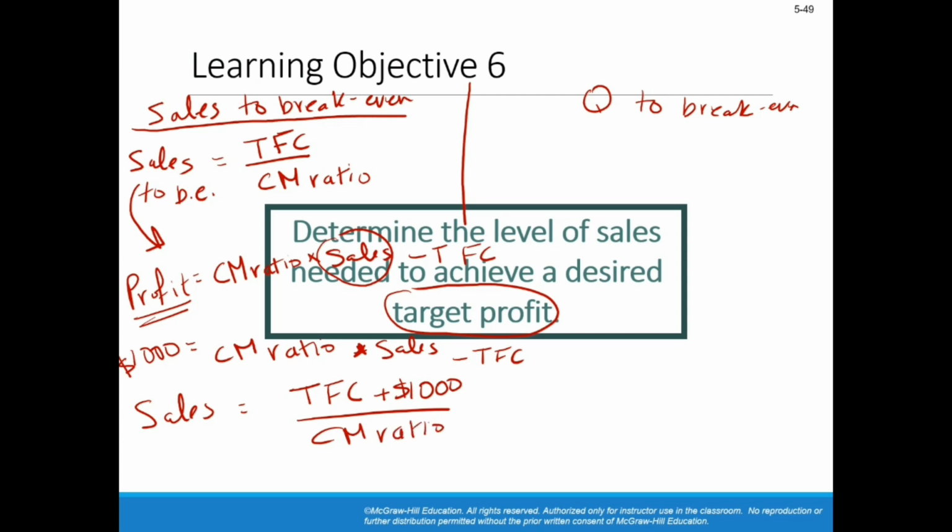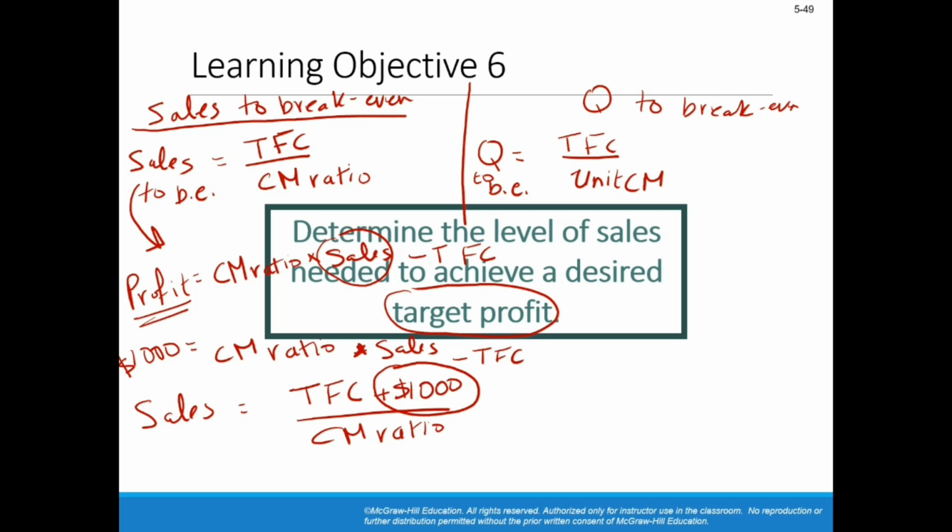So we've done the same, but instead of having a zero plus total fixed cost, which is the break even, now we have $1,000. The same applies for Q. Q to break even is equal to total fixed cost divided by unit CM.